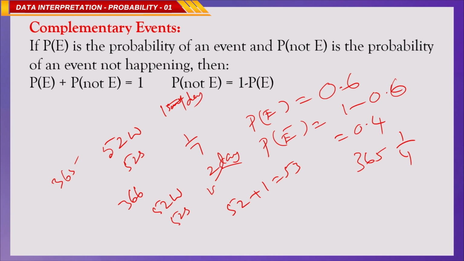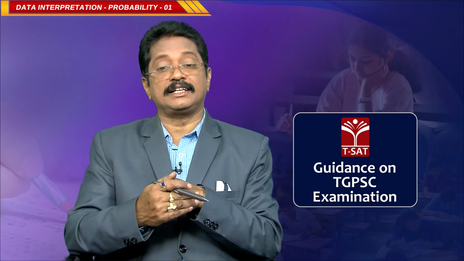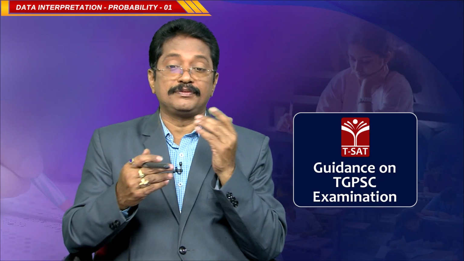So that also may be a Sunday, which means 54. The probability of getting 54 Sundays in a leap year is 1 by 7 when the 29th February is a Sunday. Otherwise, there is no possibility of getting 54 Sundays.